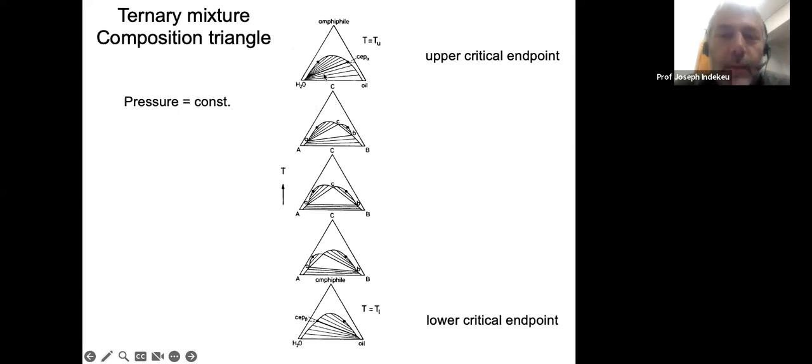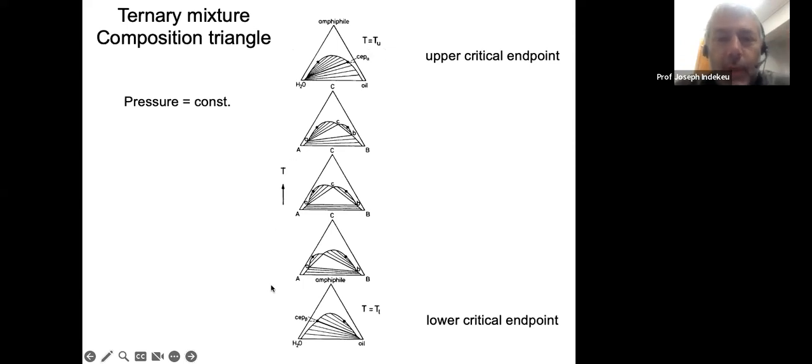This would be a critical endpoint state, and likewise there's a critical endpoint state down here below at the so-called lower critical endpoint temperature, in contrast with this upper critical endpoint temperature.